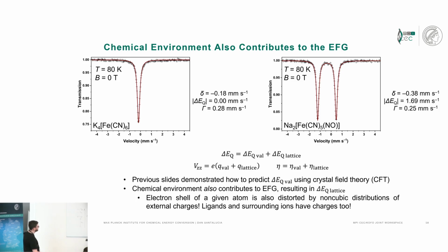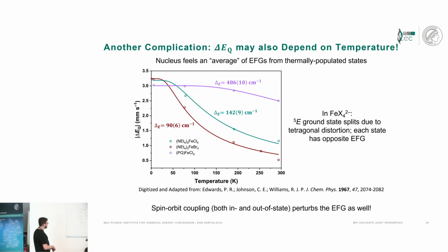And because the ligands and surrounding ions also have charges. Now here's another complication. The quadrupole splitting may or may not also depend on temperature. And that's a little weird to think about. Why is that? Well, there's a number of reasons, but one of the ones I want to highlight is that the nucleus actually feels an average of electric field gradients of all thermally populated states.